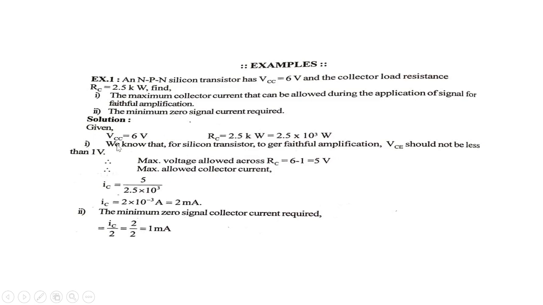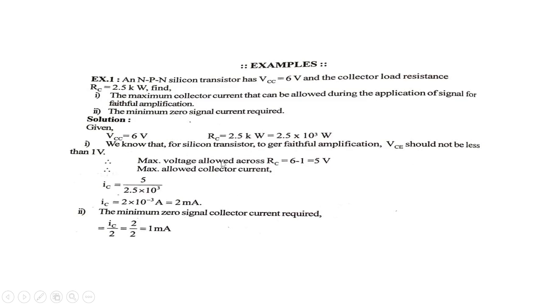Now given quantities are VCC equal to 6 volt and RC equal to 2.5 kilohm equal to 2.5 into 10 raised to 3 ohm. Now we know that for a silicon transistor, to get faithful amplification, VCE should not be less than 1 volt.